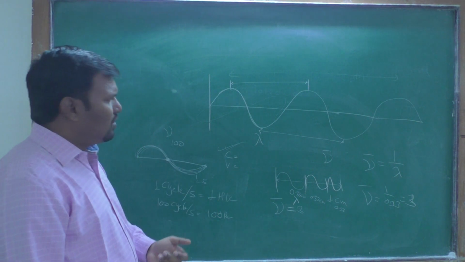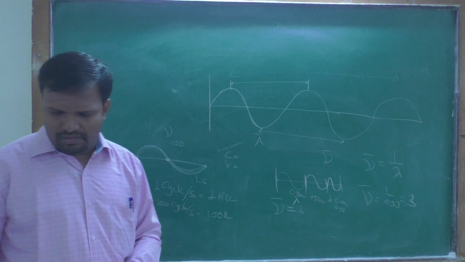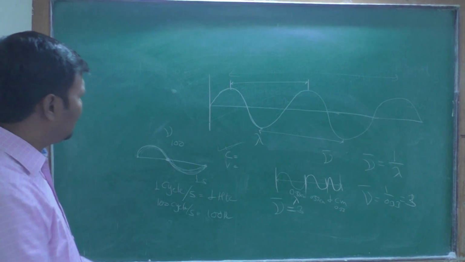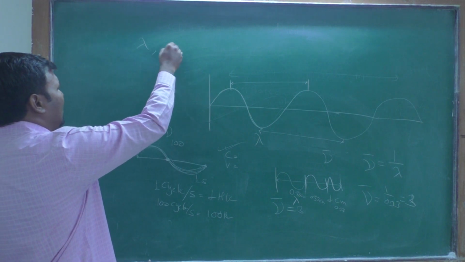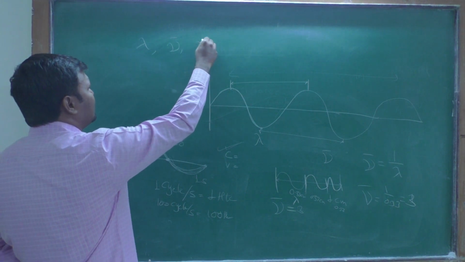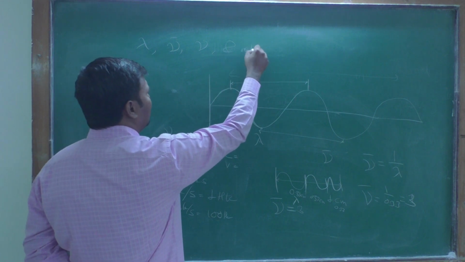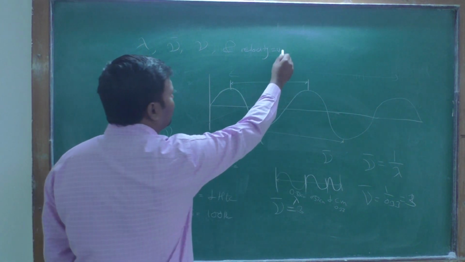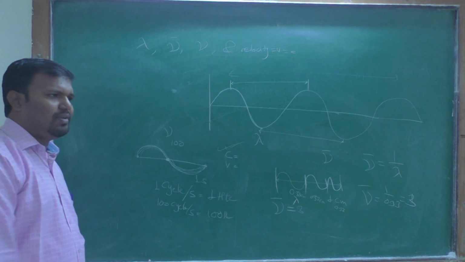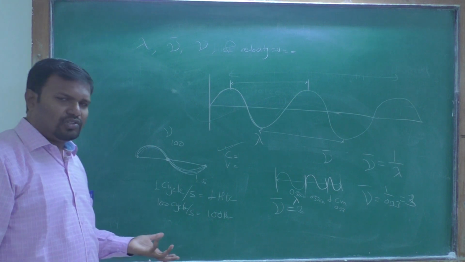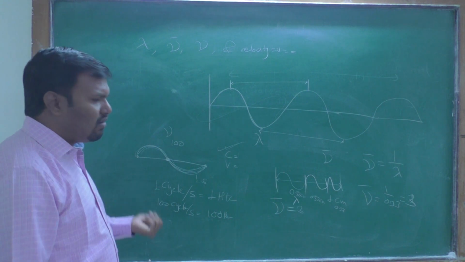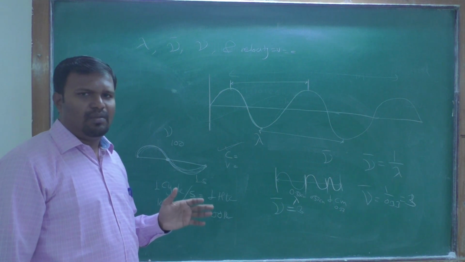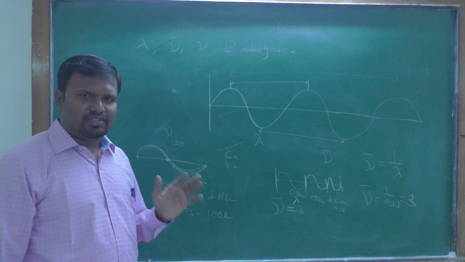Okay, therefore if you try to find out the relation between lambda and mu bar, frequency and velocity. The velocity of electromagnetic radiation is C, because it has the velocity of light. Electromagnetic radiation also has very high velocity. Velocity is nothing but the distance traveled by the wave within a second.